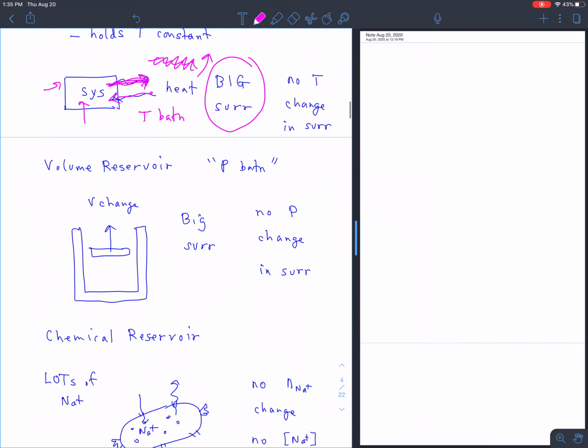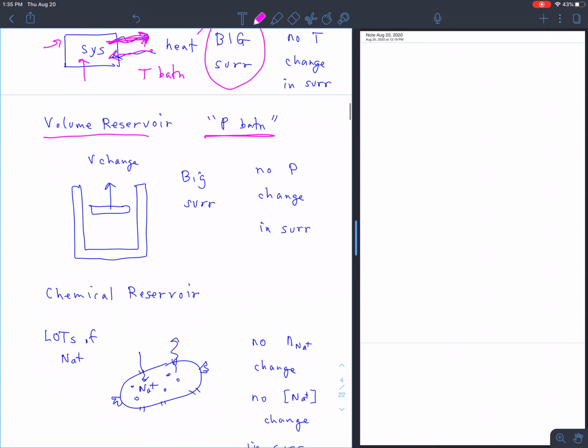There's also a volume reservoir, which is also called a P bath, and that is the same thing but for volume or pressure, as for energy or heat and temperature in the other case. So in this case, you've got big surroundings. Its total volume is much bigger than any volumes in the system. So if the system, for example, increases its volume at the expense of the surroundings, that doesn't change the pressure.